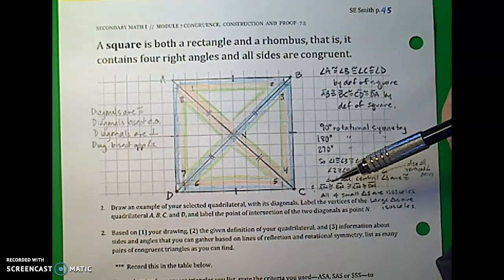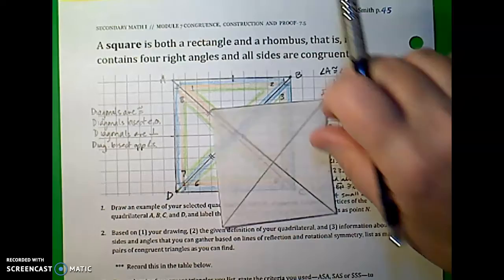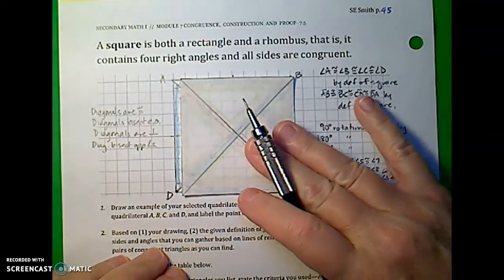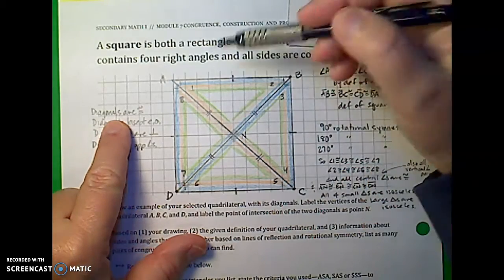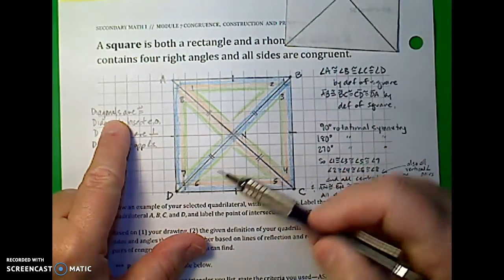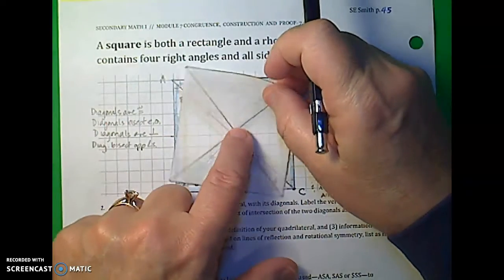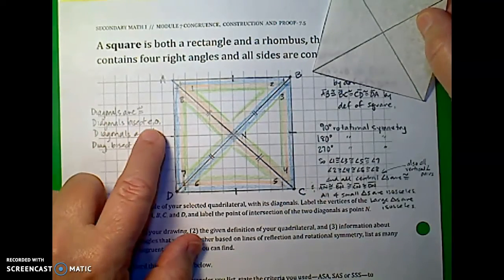And the other properties of a square that we had before, and we can also confirm now with rotation and reflection and symmetries, we have the diagonals are congruent to each other. So you can show that with rotational symmetry, that the diagonals end up congruent. The diagonals bisect each other.